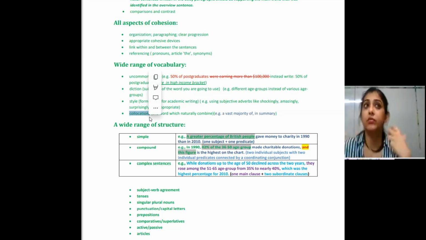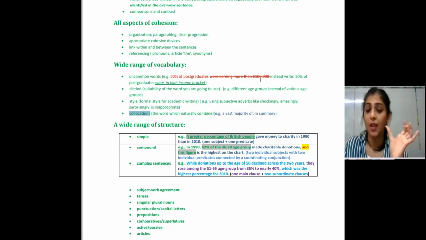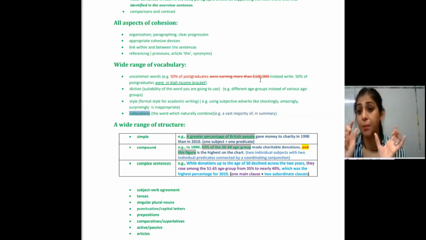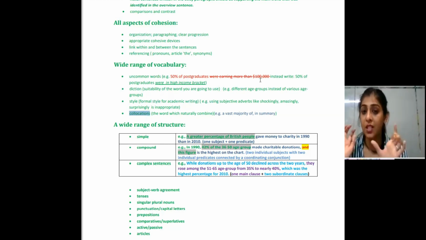For example, in simple language, if not from writing task 1 first of all, if I say, I am habitual of reading books. Now, the word habitual always has the preposition of with it. It doesn't have habitual to, habitual by, habitual with. So of comes naturally with habitual. This is a collocation.